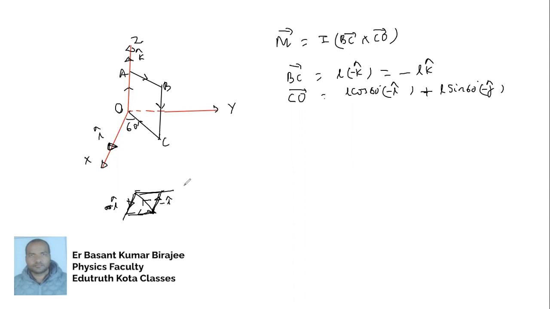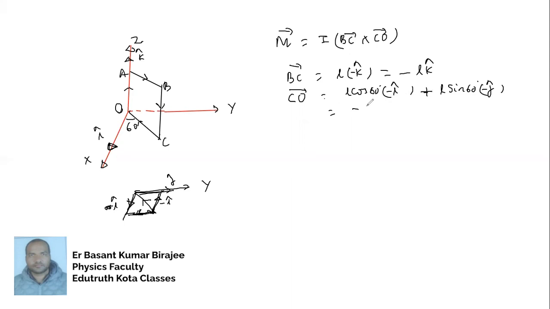Similarly, this is your y-axis, you have the unit vector j cap. So in the opposite direction, see the direction of the y component of CO, it is opposite, and in the opposite direction you will have the unit vector minus j cap. That's why we can write it like this. So it will be how much?